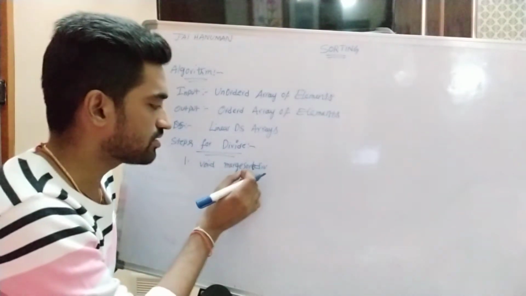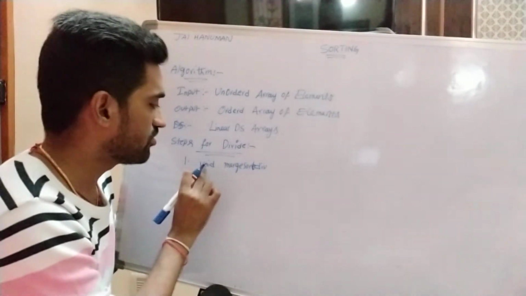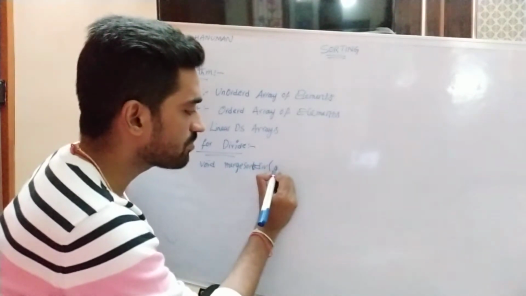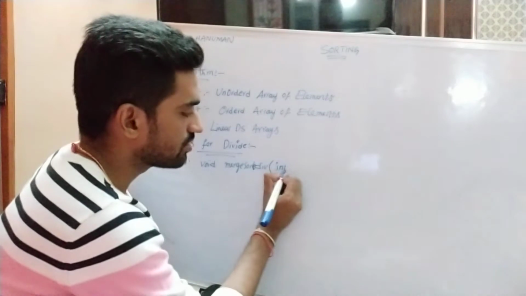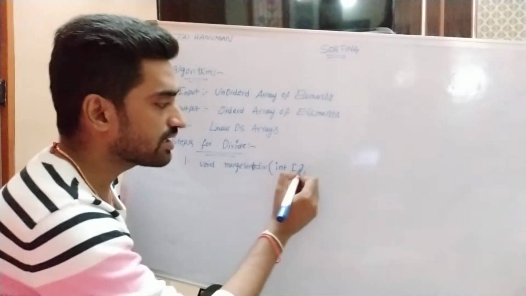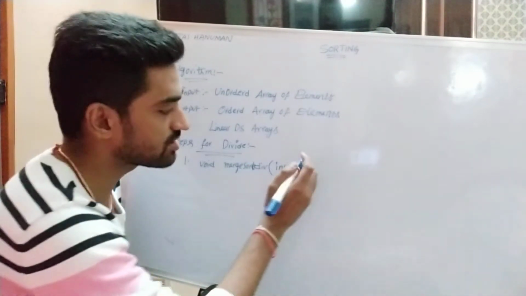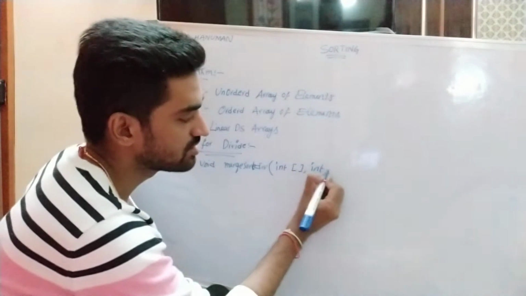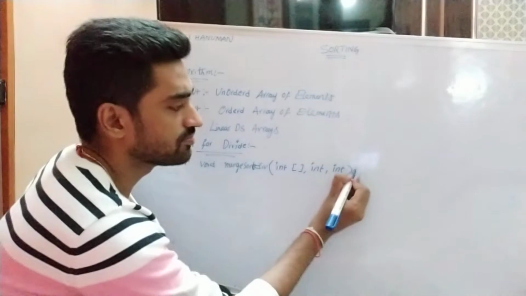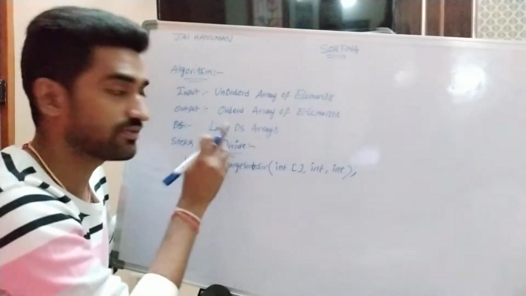So void mergesort division. For division purposes I am passing the array. The array has a lower boundary value as well as an upper boundary value, both integer values, so we pass two more integer parameters, specified as int comma int. This is the function definition for the divide procedure.